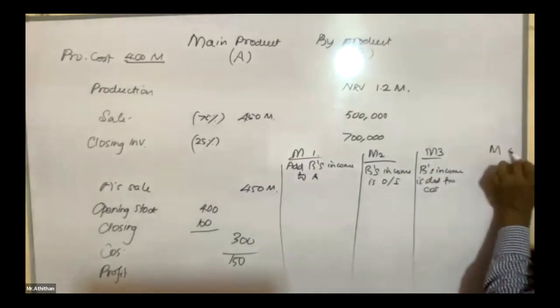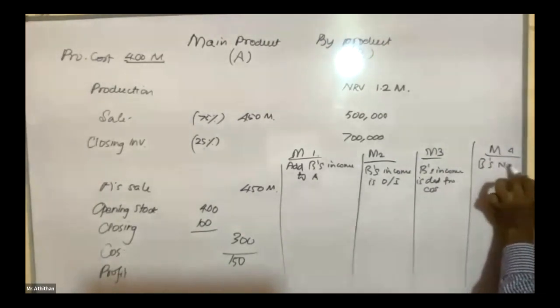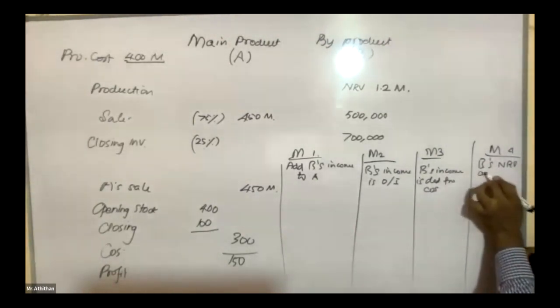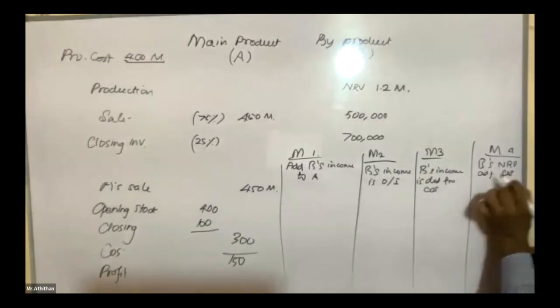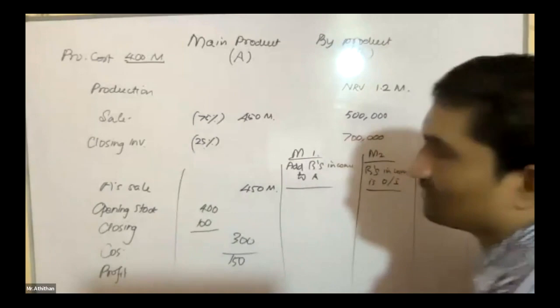Right. Method 4, B's NRV adjusted on cost of sale. Right.